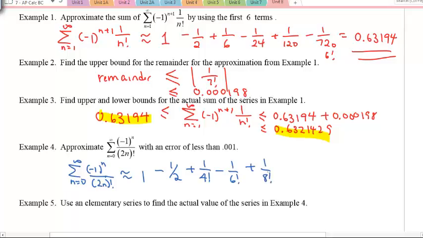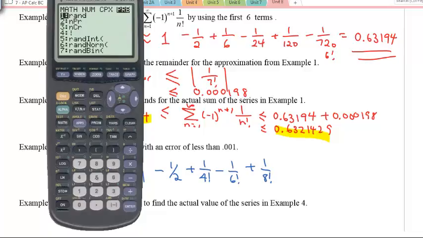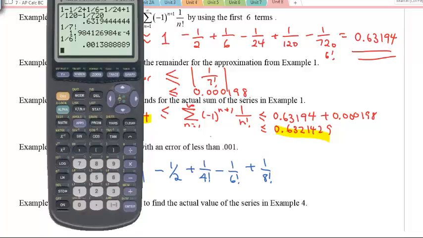I'm just writing these terms and I really don't know where to stop, but I should be able to calculate what these terms will be. I'm just curious, what is 1 over 6 factorial? That's 0.001388. So notice that's almost less than 0.001, so I probably need to keep that term.